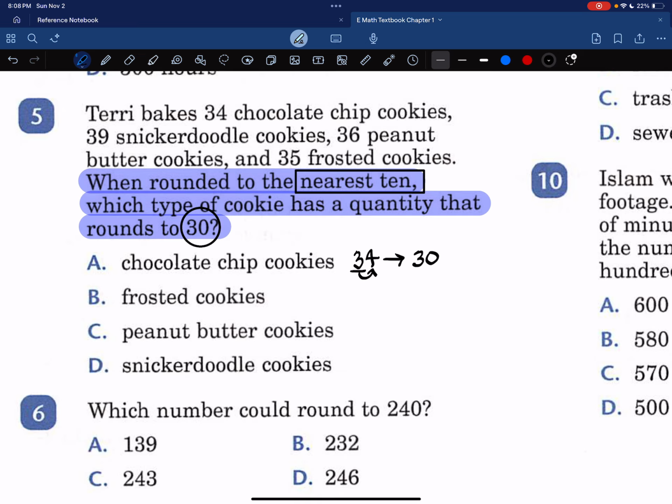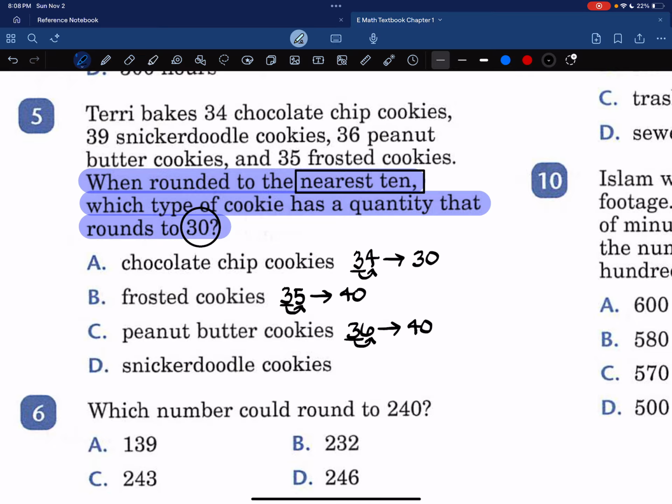Frosted cookies, be careful, they're reversing the order on you here. Frosted cookies is 35, and if you round those, neighbor tells me to round up on this one, that would go to 40. Peanut butter cookies are 36. Neighbor says round up.